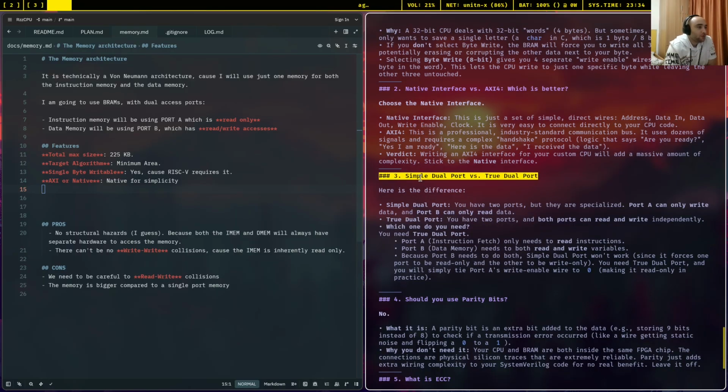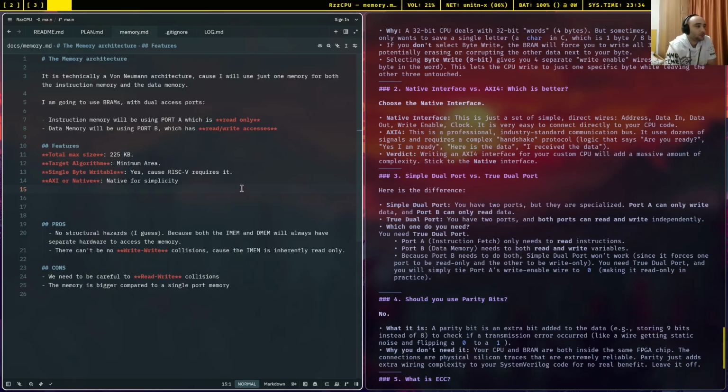Simple dual port versus true dual port. A simple dual port, you have two ports, but they are specialized. Port A can only write data, and port B can only read data, which is perfect. Okay. So, simple dual port mode: port A can only write, port B can only read, which is cool.